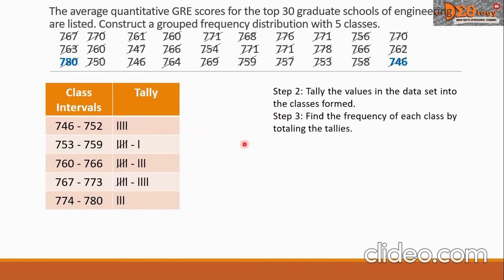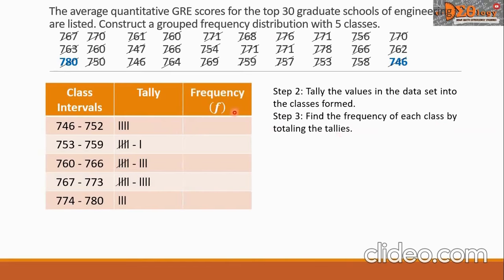For step 3, let us find the frequency of each class by totaling the tallies. So we need another column for the frequency. We will simply count the tally for each class interval. So it means for the first class interval, we can see here that there are 4 tallies. So we will write here 4 in the frequency. For the second class interval, there are 6 tallies.